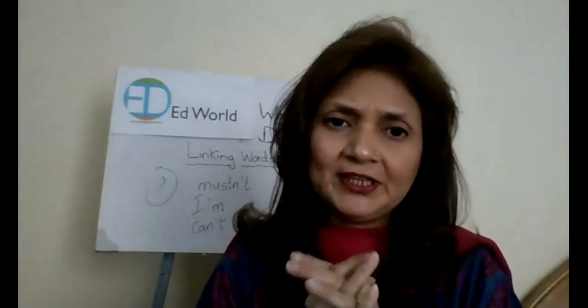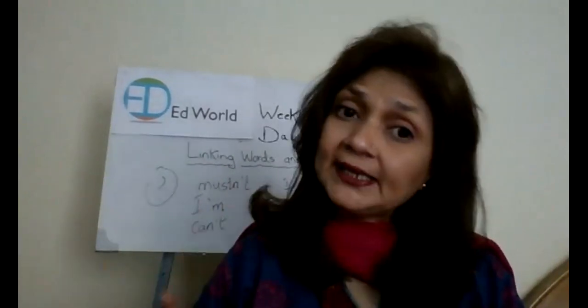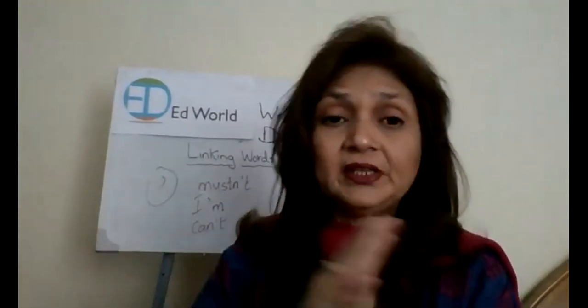Contractions are words that have been made smaller by leaving out either one letter or more than one letter and putting an apostrophe. So both of these are related to grammar. But linking words you can say are also part of comprehension because they help you write things in order, in a sequence, whether it is a story or a recipe.